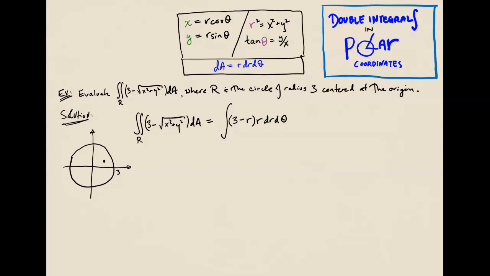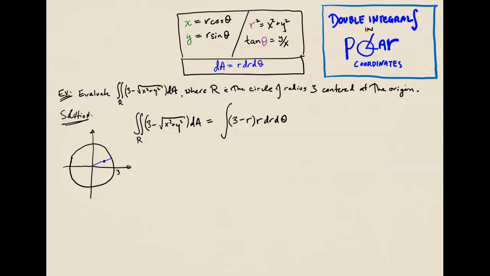In other words, given some point like this, I want to just let r vary. I just get something like that. And once I've integrated along that radius, all values of r, running from 0 to 3 in this case, then I'm going to sweep that radius around and thereby pick up every point in the region. So first, integrate with respect to r. That means only letting r vary, keeping theta fixed.